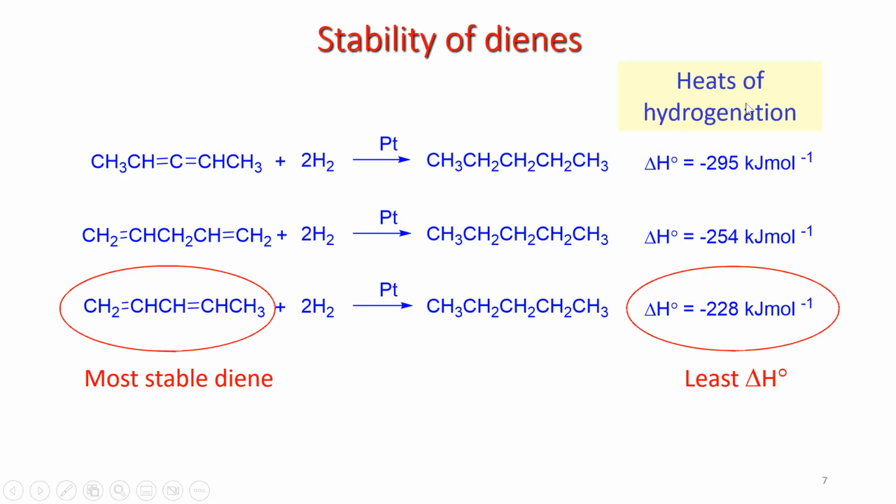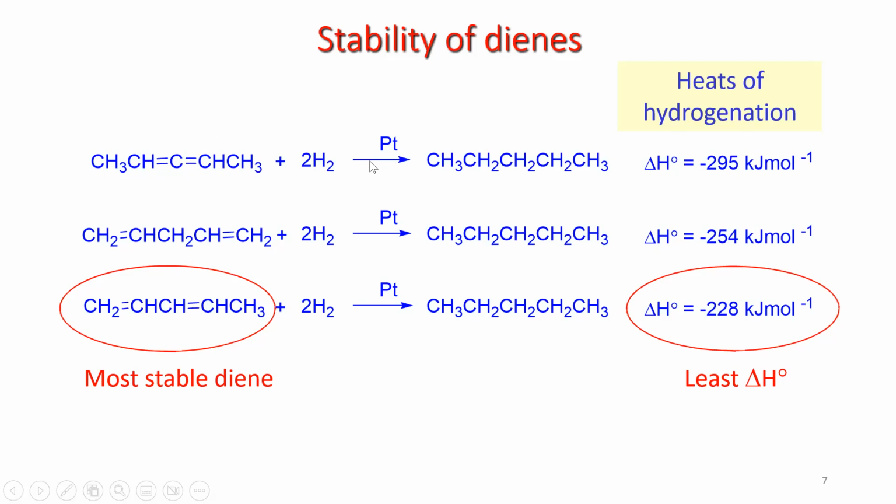So look at the heats of hydrogenation of each of these different types of dienes, right? You can see here it is minus 295, and as you go down, you can see the heats of hydrogenation decreasing. What can you say? Heat of hydrogenation means hydrogenation of the diene system.